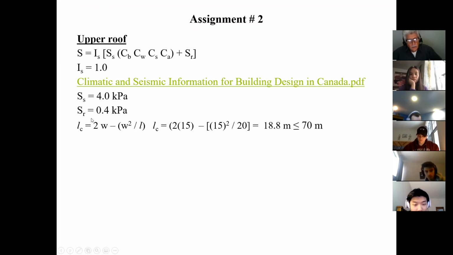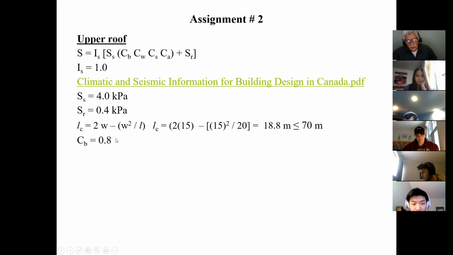This is the equation for the characteristic length. In other words, it's 2 times the width, the smaller dimension of the building, minus the width squared divided by the longer dimension of the building. In this case, it's 2 times 15 minus 15 squared. And as soon as it's less than 70, then you know that the CB value is 0.8.